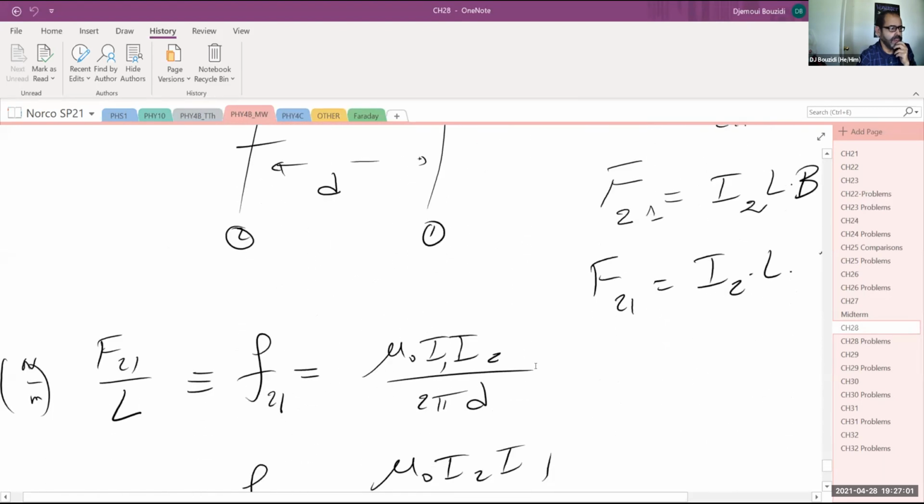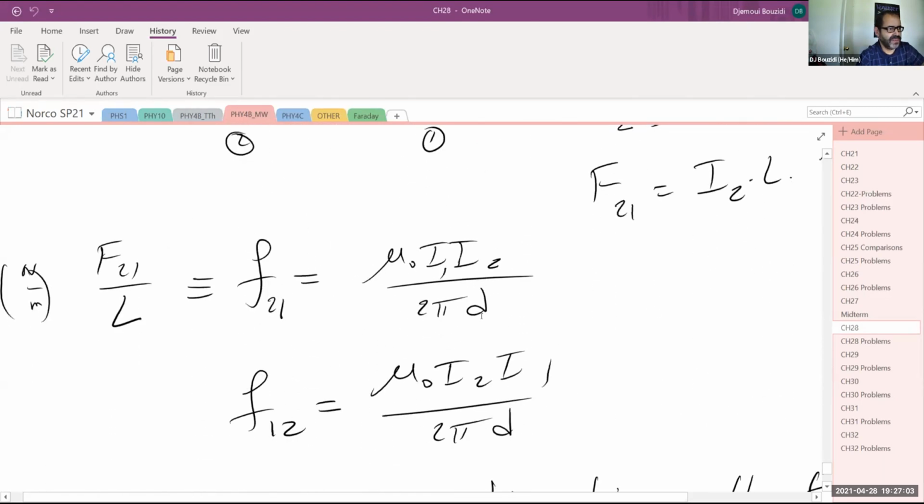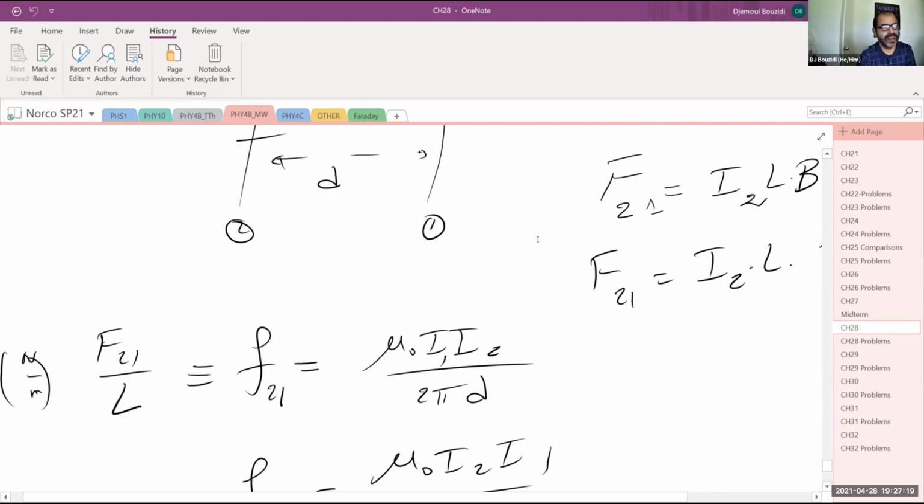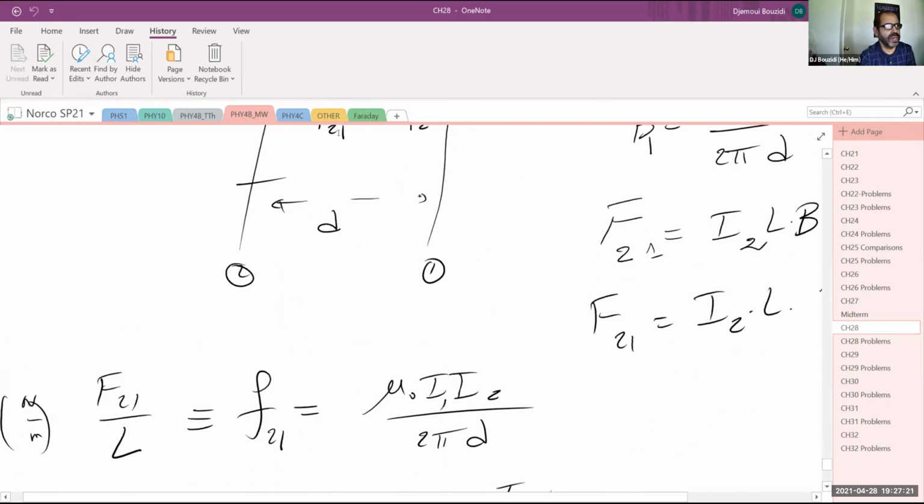Here are the 2 wires, okay? And we found that one wire will be subject to a force proportional to mu naught times the product of the 2 currents divided by 2 pi d. This is the force per unit length. And if we want the actual wire, we have to multiply it by L to get the actual force. So we're going to use that expression for this problem.